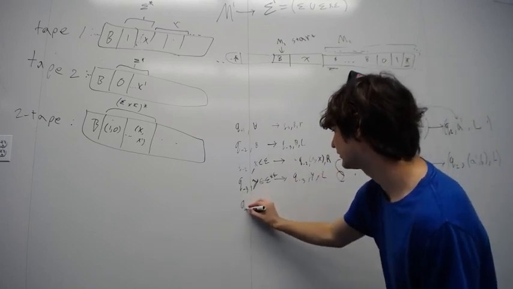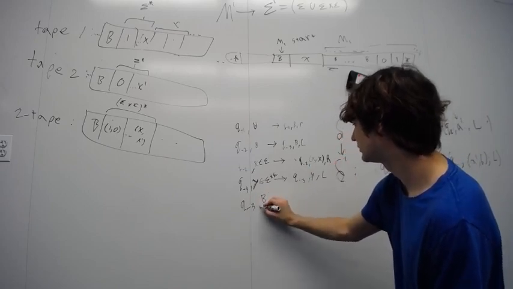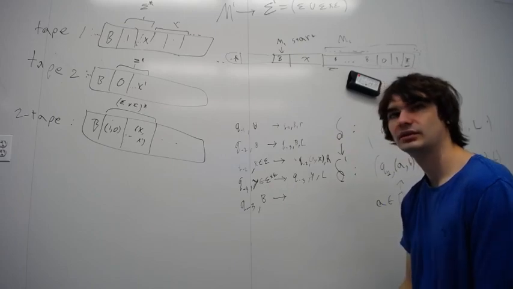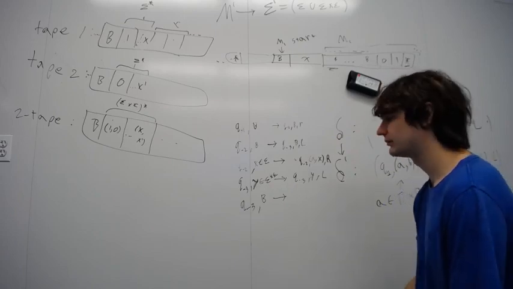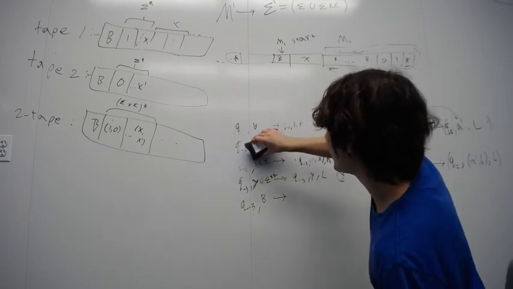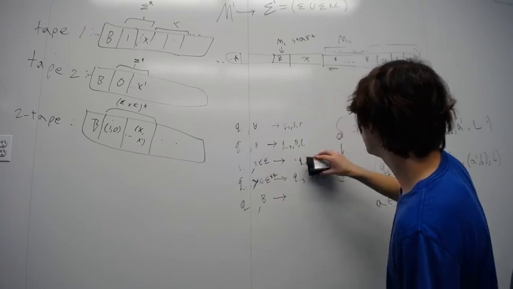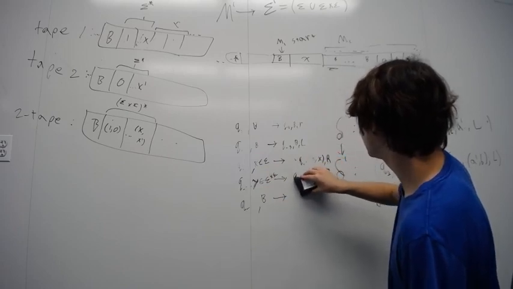Mhm. And if Q -3 sees a blank, what does it do? Maybe moves right, but our start state actually has to be 0, so I'm going to come up with a slightly different notation that I like a little better.